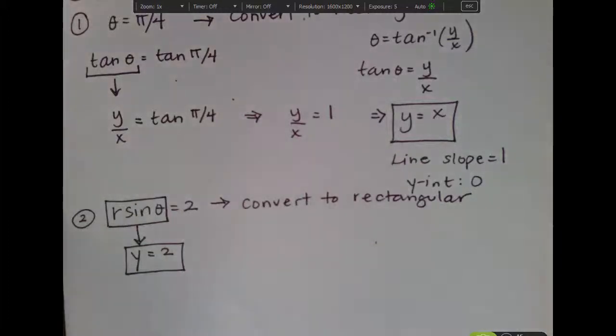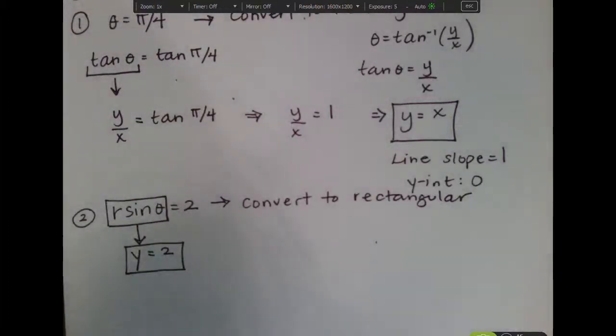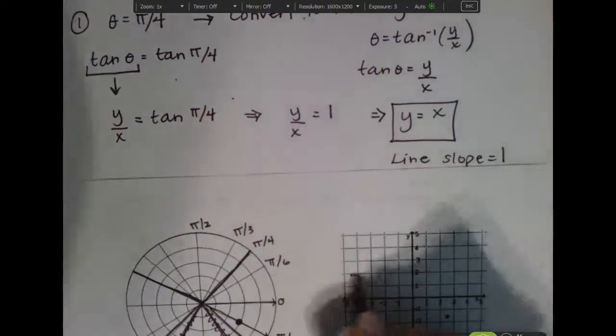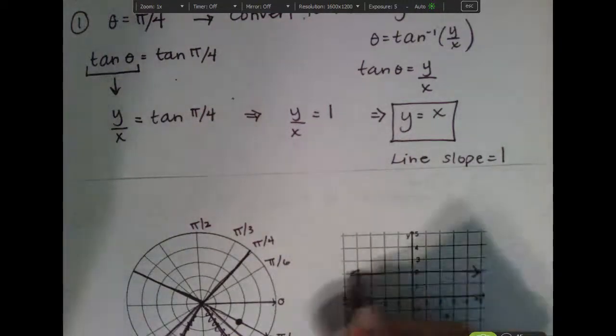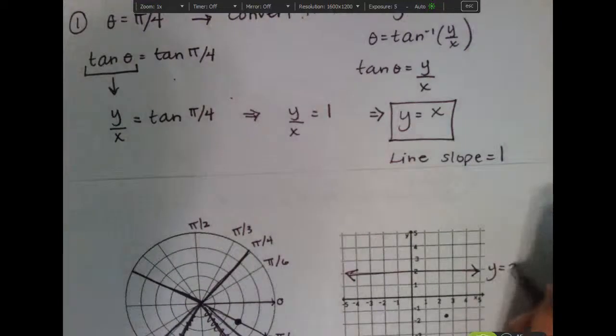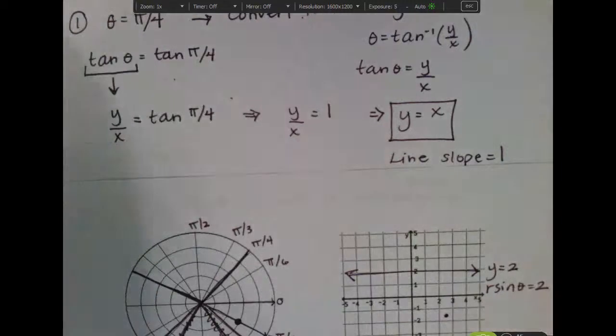y equals 2. Of course, we know that when we graph y equals 2 on a rectangular grid, it's just a horizontal line at 2. So this is the line y equals 2, but it also represents r sine theta equals 2.